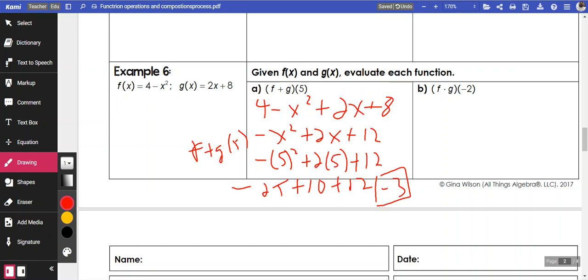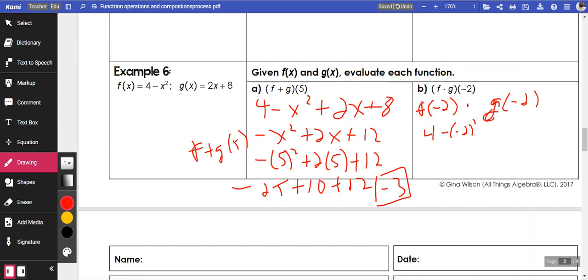If you look at B, it says f times g of negative 2. If you wanted to, you could just find f of negative 2, then find g of negative 2, and multiply them. You could have done that on the one on the left too. So if I find f of negative 2, I plug that in, I get 4 minus negative 2 squared.